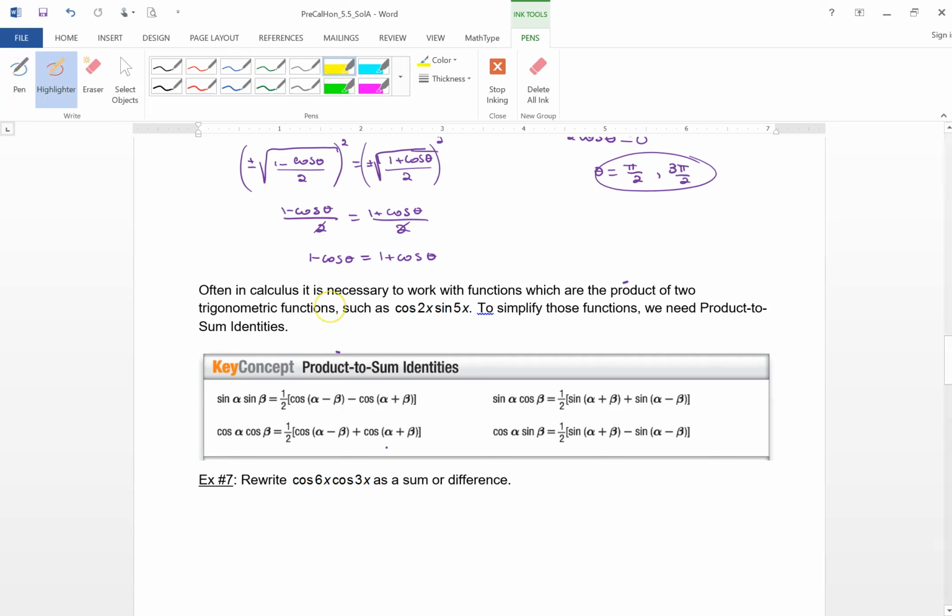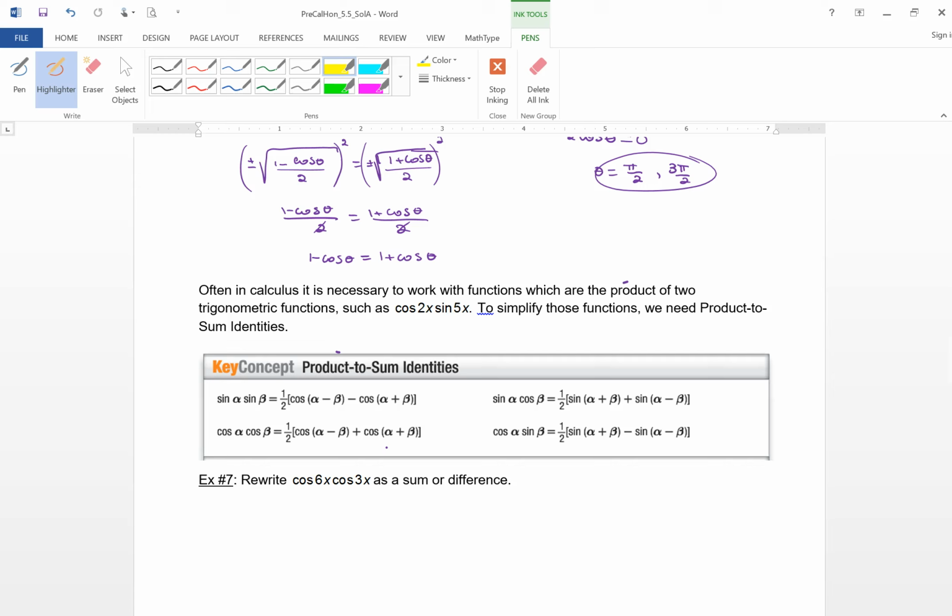So one thing you always come across in calculus is the product of two trig functions with different angles. All right, so the product of two trig functions with different angles, that's the key.